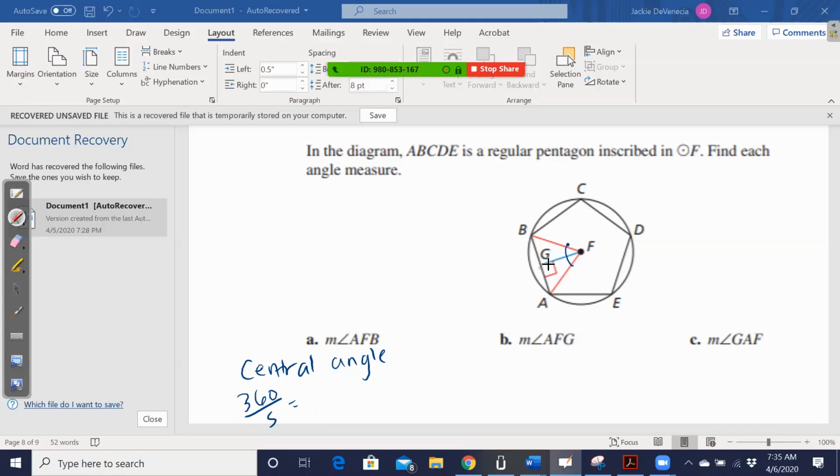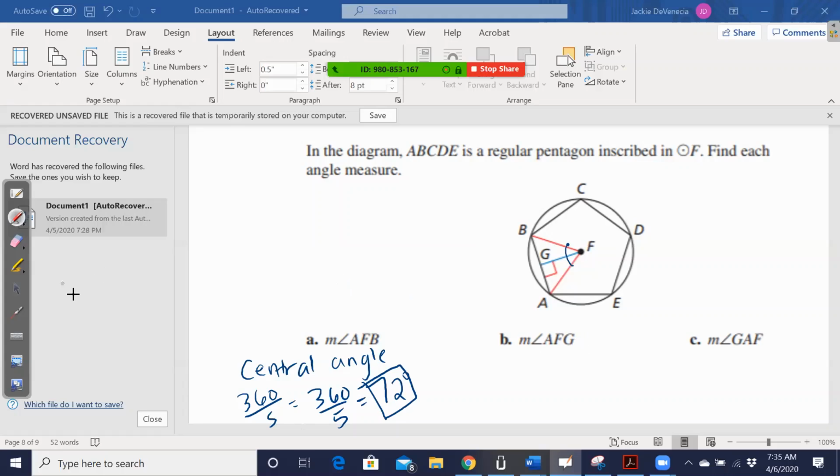So over here, a pentagon has 5 sides, so 360 divided by 5 would give me 72. So 72 degrees would be my central angle right over here.